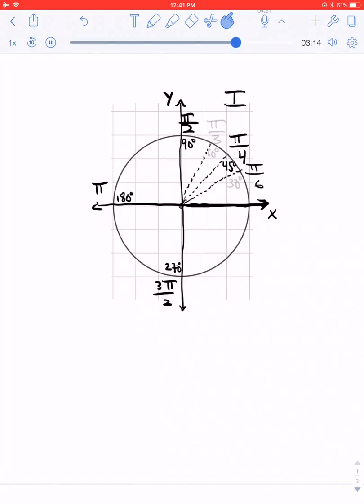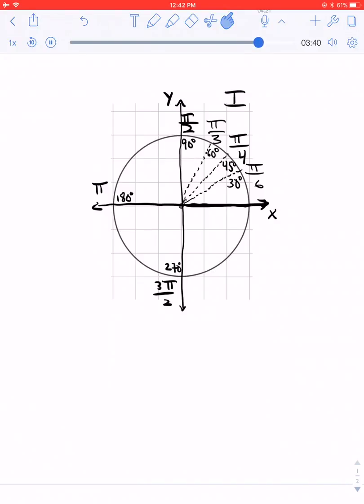Okay? If we add another slice the same size to that, that would be 2 pi over 6, or pi over 3. And the degree measurements that correspond to those angles are 30 degrees and 60 degrees.